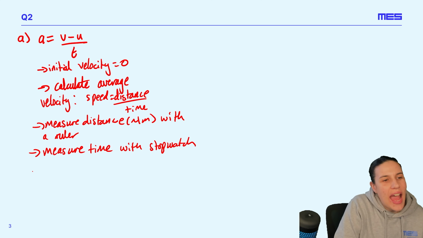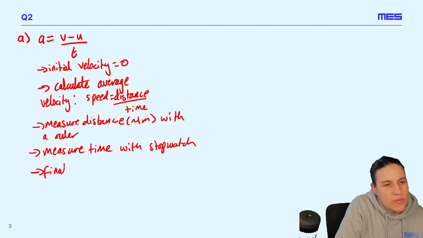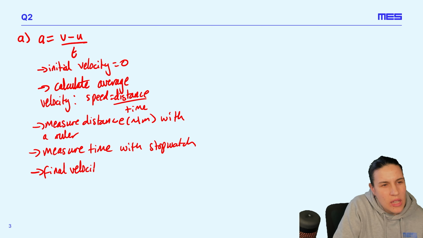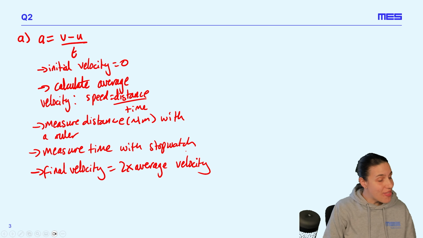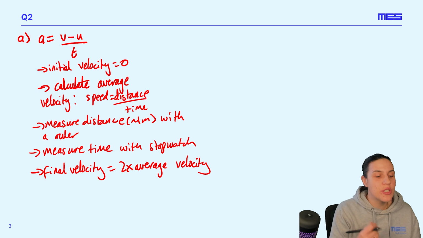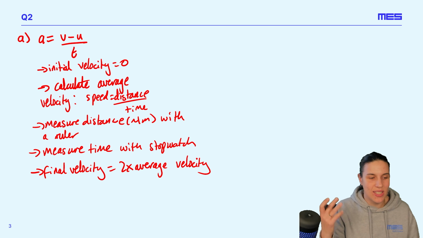And then the final velocity is just going to be twice the average velocity. And there you go. That is how I'm going to measure the acceleration in this question.